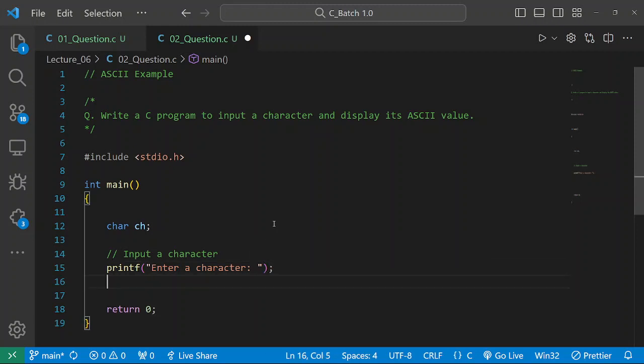After that, semicolon, and I will scan it with percent %c and ampersand ch.